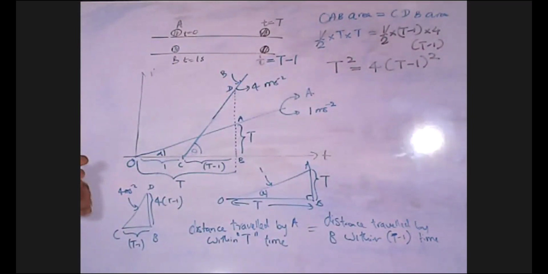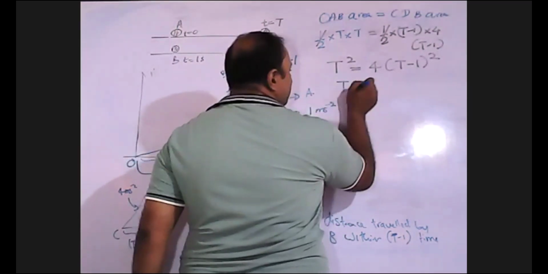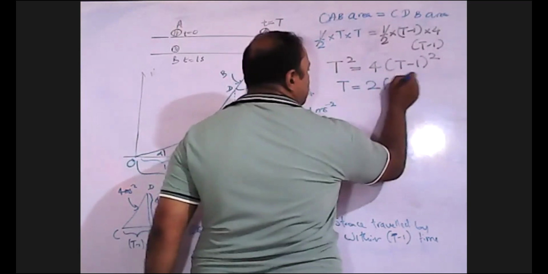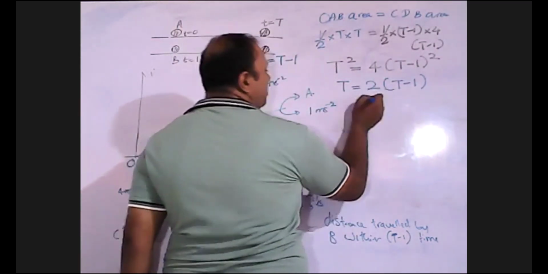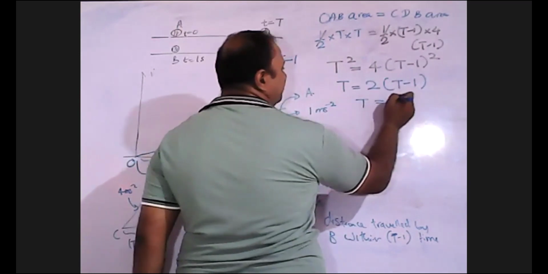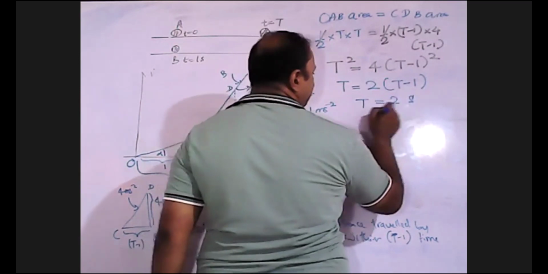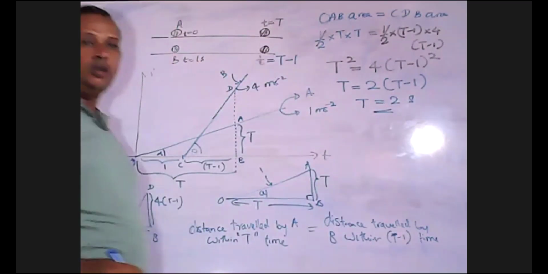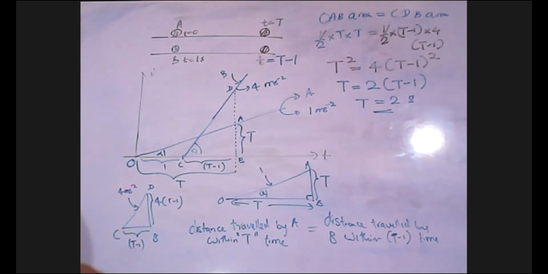So you can take the square root of both sides, and T is equal to 2 times (T minus 1). Therefore, T is equal to 2 seconds.